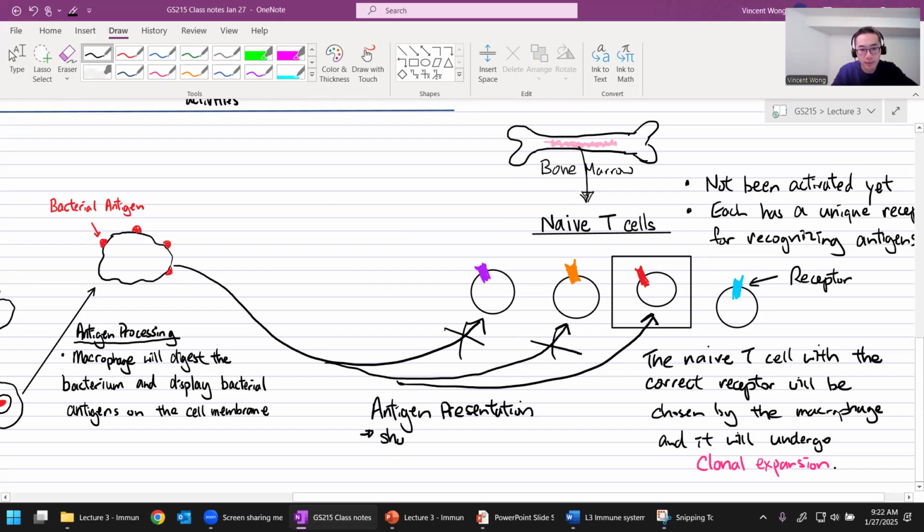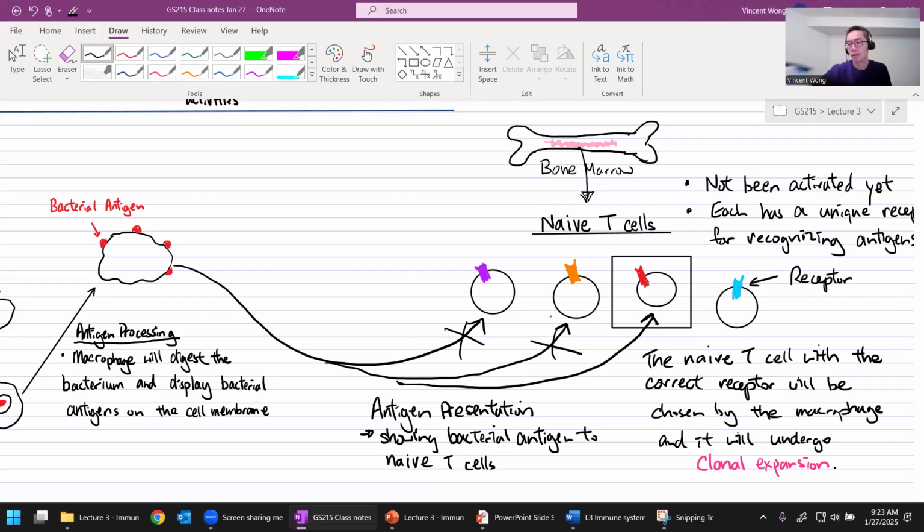Okay, showing bacterial antigen to naive T cell. Okay. I'm gonna put a star here.